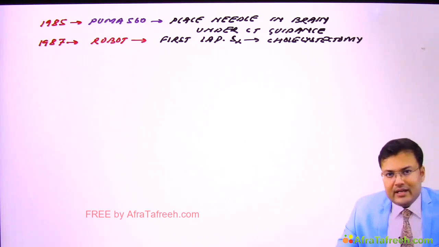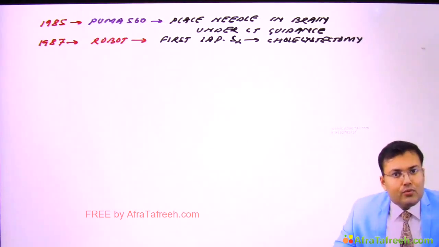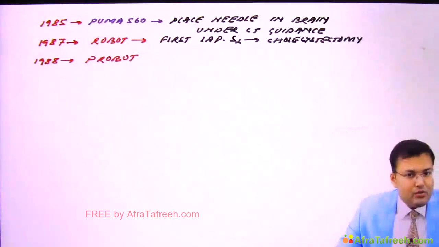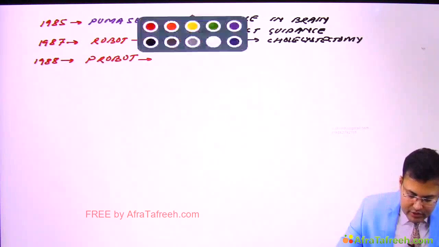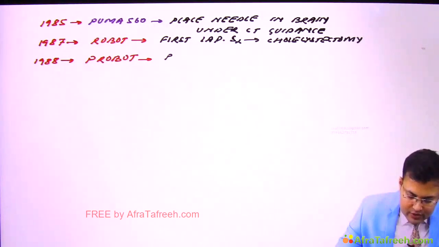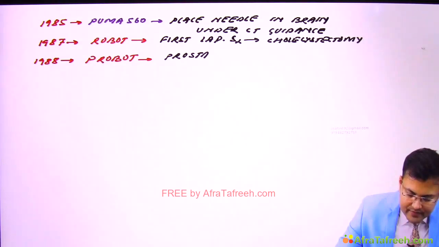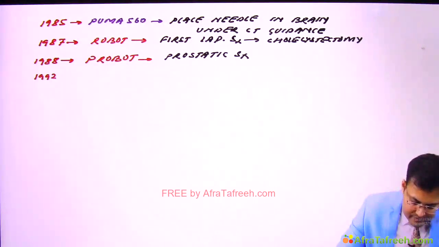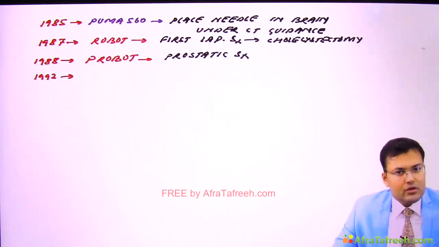In 1988, prostatic surgery was performed with the help of a robot, and the name of that robot was Probot. In 1988, what was the name? P-Robot, spelled P-R-O-B-O-T, and it was used for prostatic surgery. Clear? In 1992, the robot used was RoboDoc.